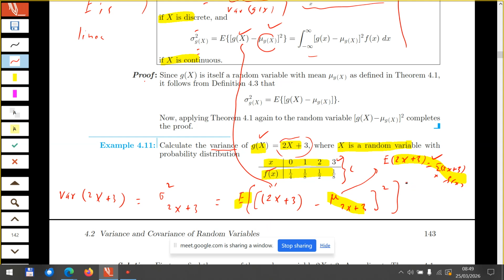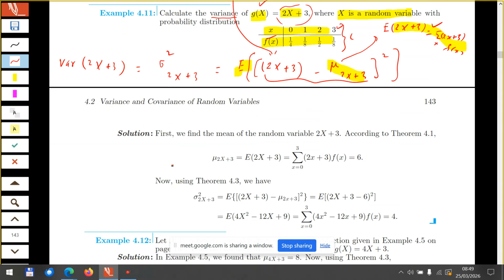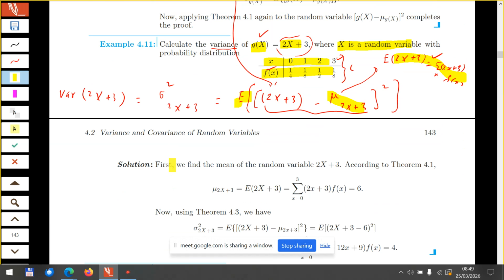And for that, this will be your new function. So let's follow it up. As I suggested, he starts with E of 2x plus 3, right? E of 2x plus 3. And you can alternatively write it in this way.